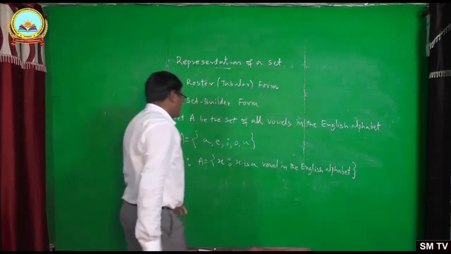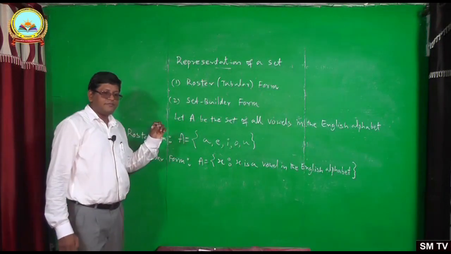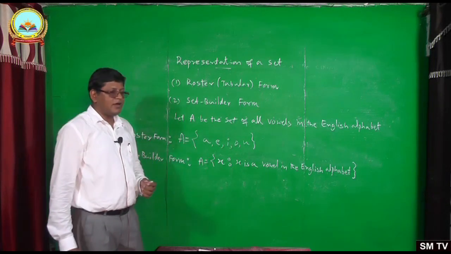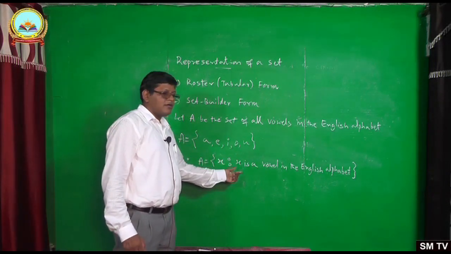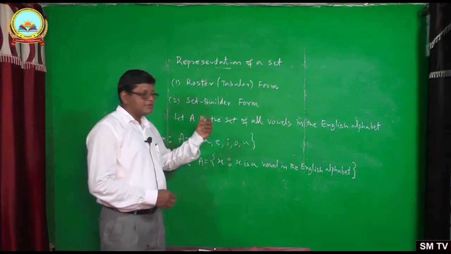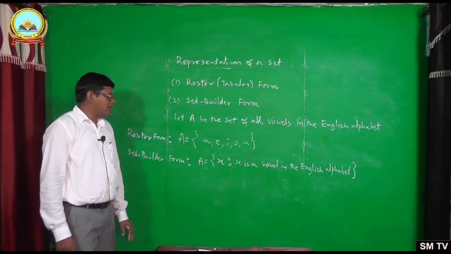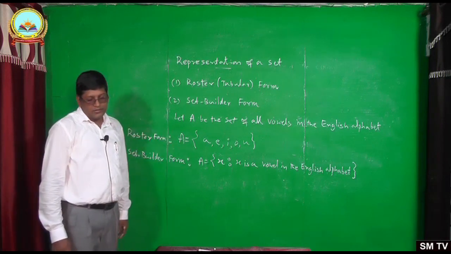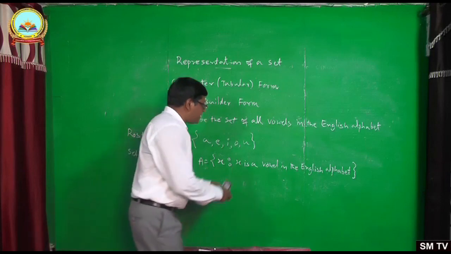So, in set builder form, we don't write all the elements of the set, we just write a general element, followed by the common property satisfied by all the elements of that set. Now, we are going to discuss some simple problems.